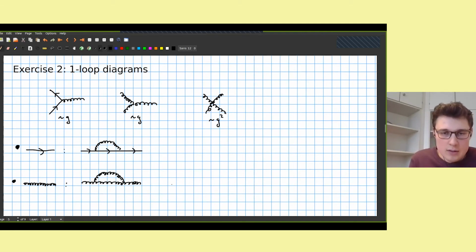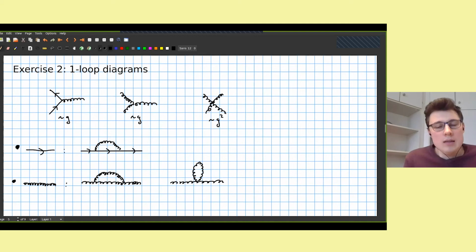And what you would get is, so let's contract this lower gluon line, and you see that these two vertices approach each other and ultimately form one 4-gluon vertex. So what we get is this graph here, which is sometimes called a tadpole. So that's the second graph we have.